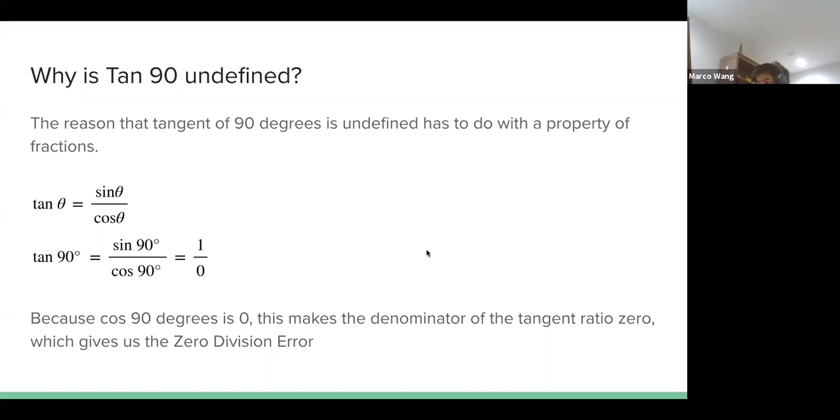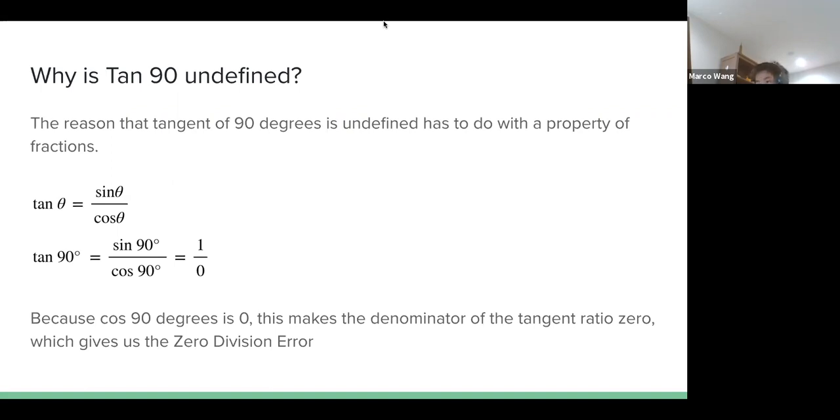So why is tangent of 90 undefined? The reason has to do with the property of fractions. Tangent of a degree is equal to the sine of that degree over the cosine. So tangent of 90 would be equal to sine of 90 over cosine of 90.